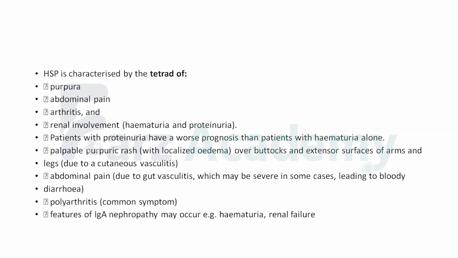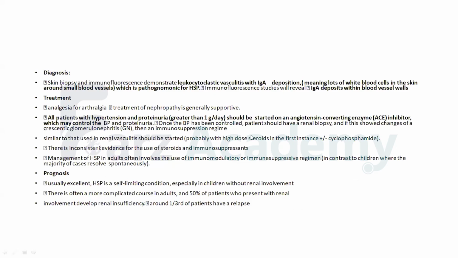Palpable purpuric rash with localized edema over buttocks and extensor surfaces of the arms and legs due to cutaneous vasculitis. So there will be a palpable purpura. Abdominal pain is due to the vasculitis of the gut, which may be severe in some cases, leading to bloody diarrhea. Polyarthritis is a common symptom. Features of IgA nephropathy may occur, hematuria and renal failure may develop.